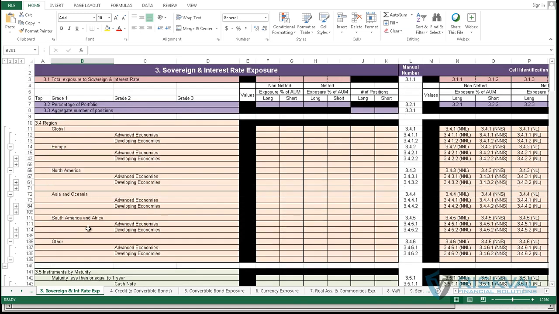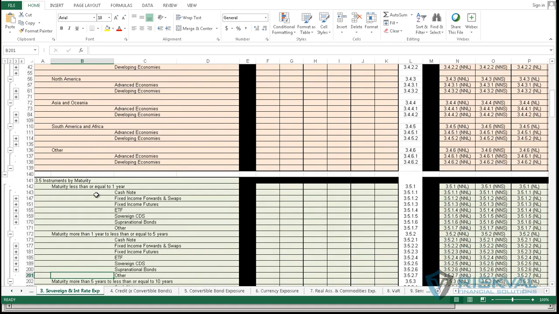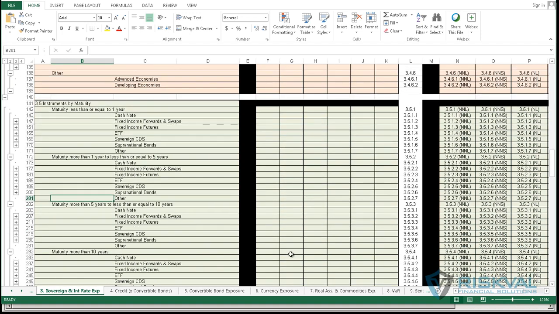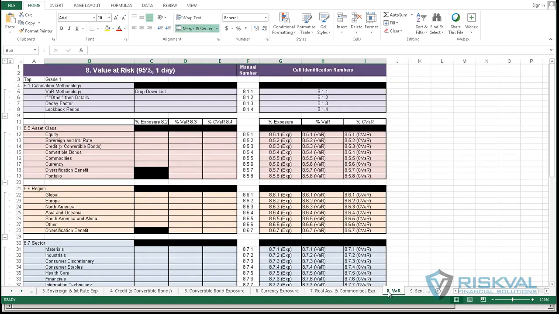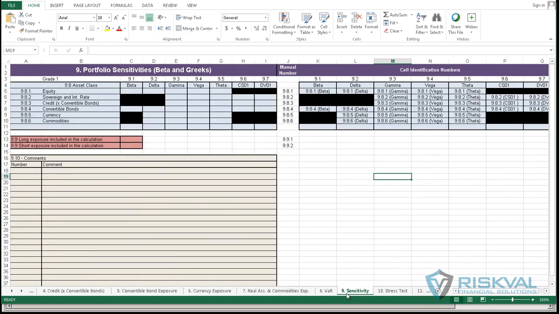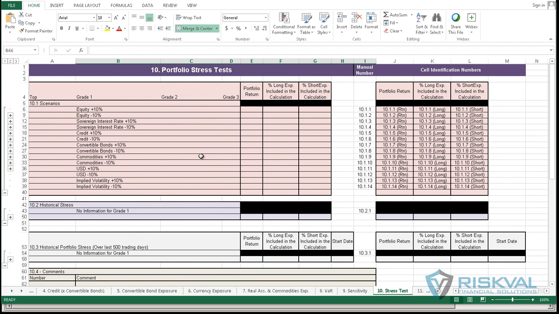It includes breakdowns of your portfolio by credit rating, sector, region, maturity, as well as the market standardized reporting sensitivities for VAR, also broken down by asset class, region, and sector, specific portfolio sensitivities, and the stress test scenarios that are most important for regulators and investors to see.